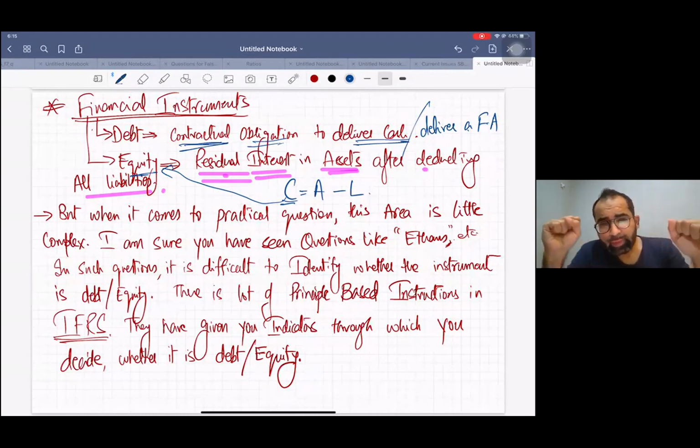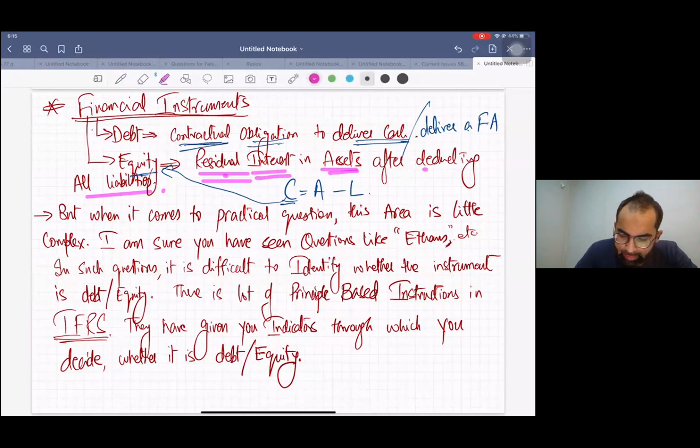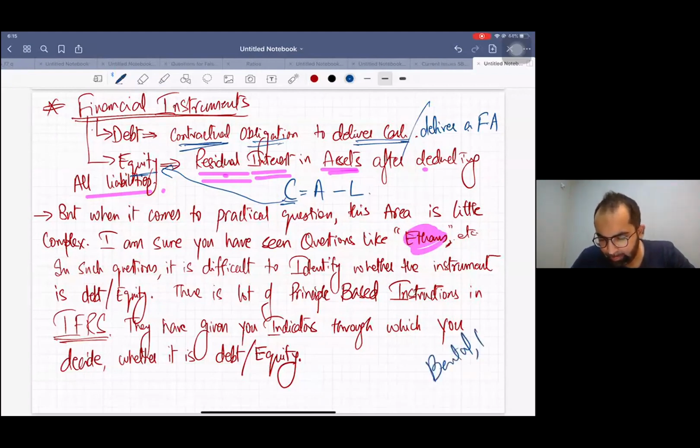Now, apparently the definition looks very easy, but when we solve the questions, hope you have solved some questions, like I give you an example. There was an old question, Athens, there was one more question, Bentel and Lentil.